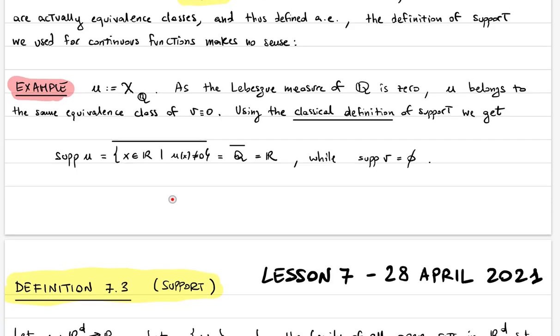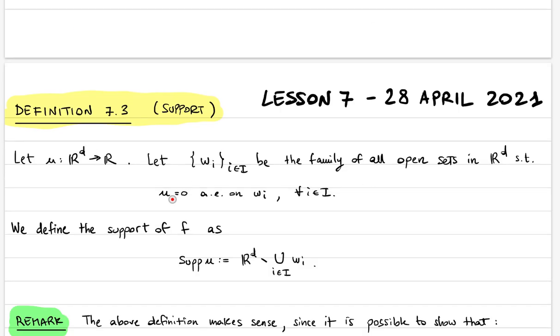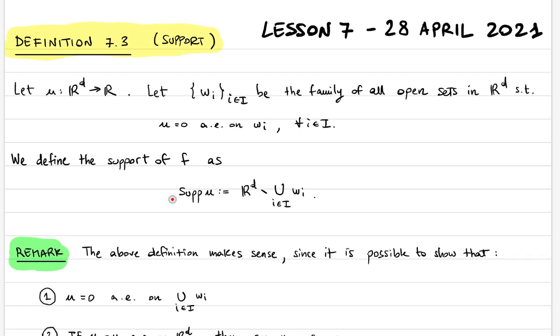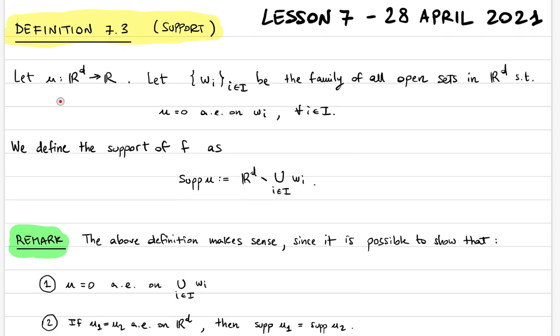Okay, so let's look at the formal definition. We define it for functions on R^d, although we will never need this, but it doesn't matter. It's not a more difficult definition in higher dimension.